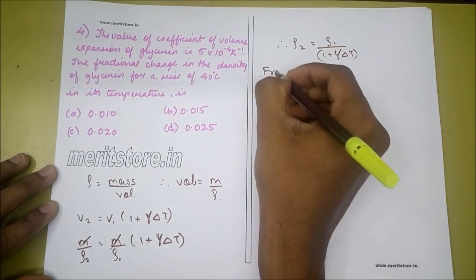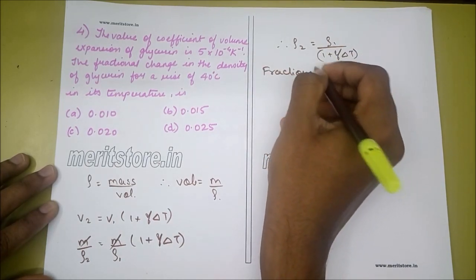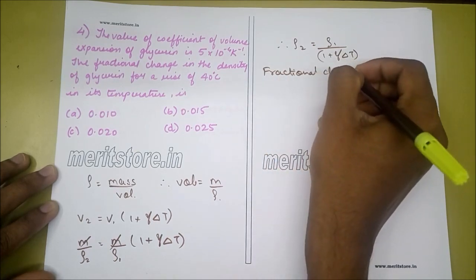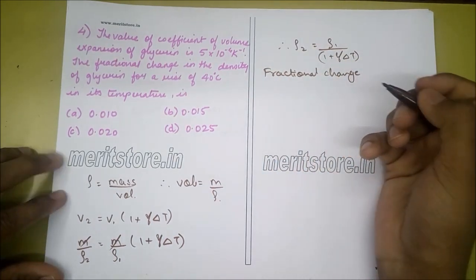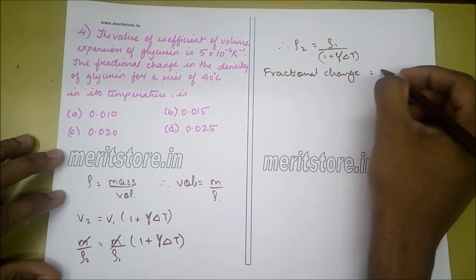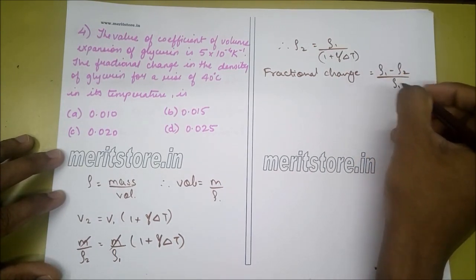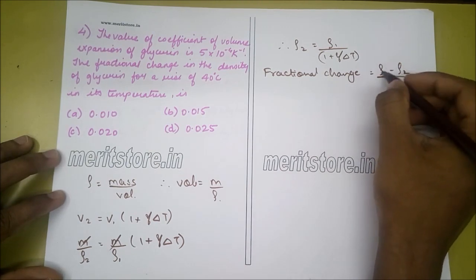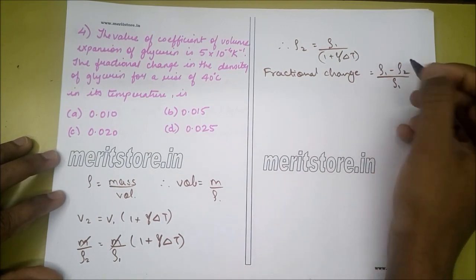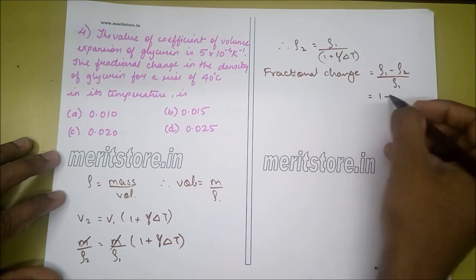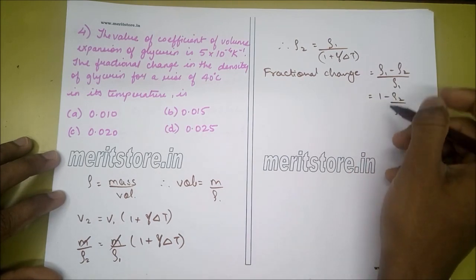Now the fractional change is nothing but rho 1 minus rho 2 upon rho 1, pardon me. So that is nothing but 1 minus rho 2 upon rho 1.